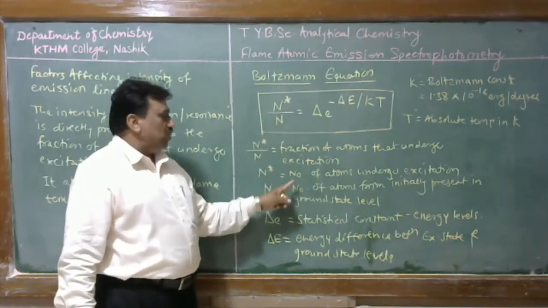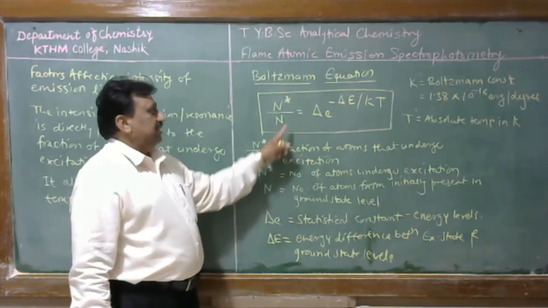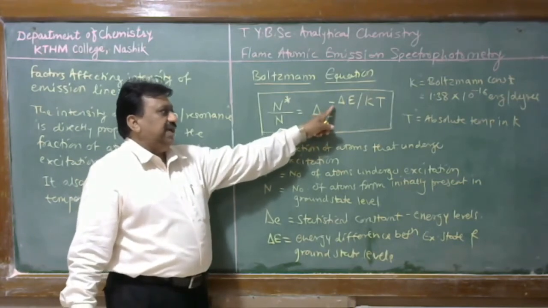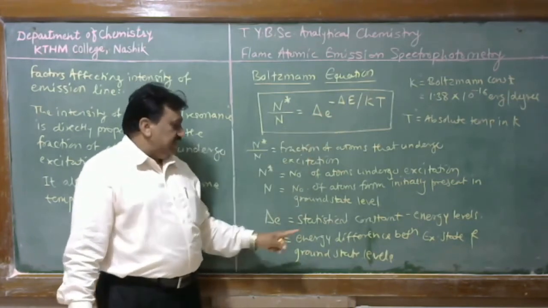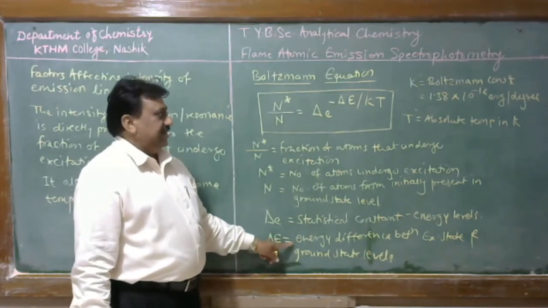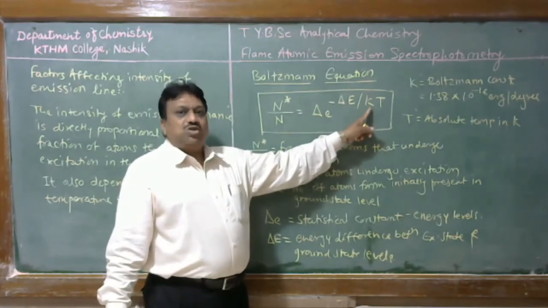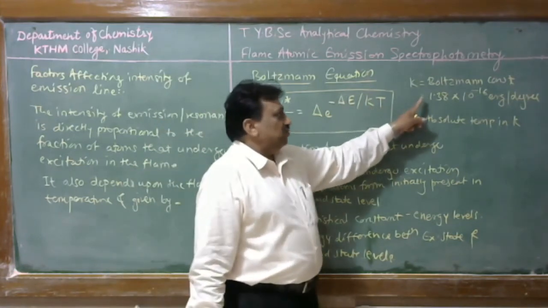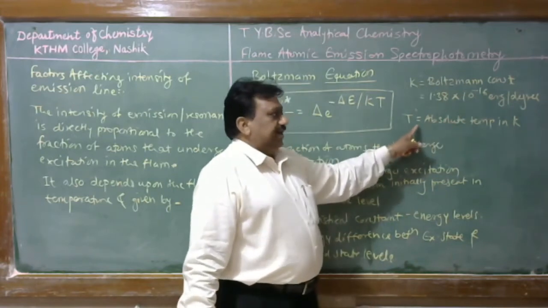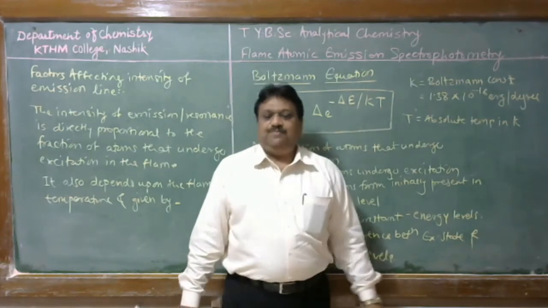N is the number of atoms formed in the atomization process. Delta E is a statistical constant, the energy difference between two orbitals, that is the excited state and the ground state. K is called Boltzmann's constant. Its value is 1.38 into 10 raised to minus 16 ergs per degree, and here T is the absolute temperature.